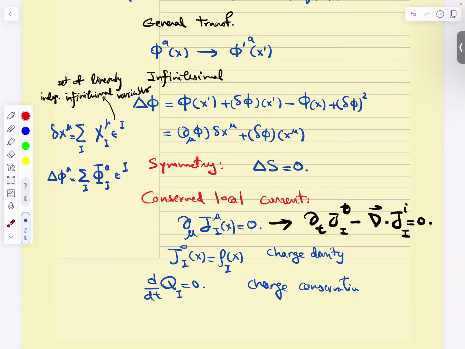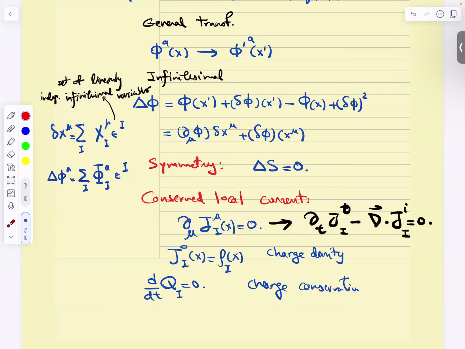For example, when you have only rotation in space, you only have one conserved current, but the corresponding transformation has all sorts of mixes of x1 and x2. To each independent transformation that leaves the action invariant, there corresponds a conserved current.